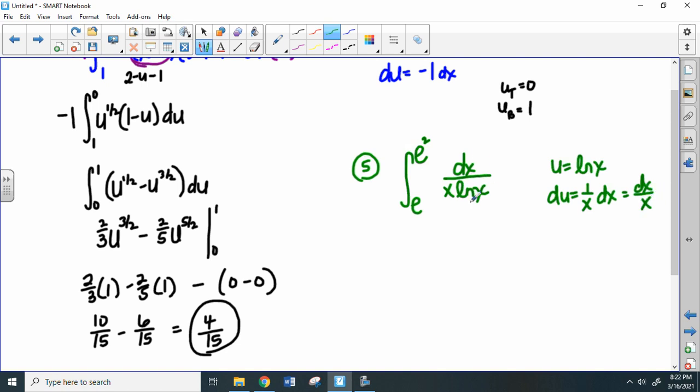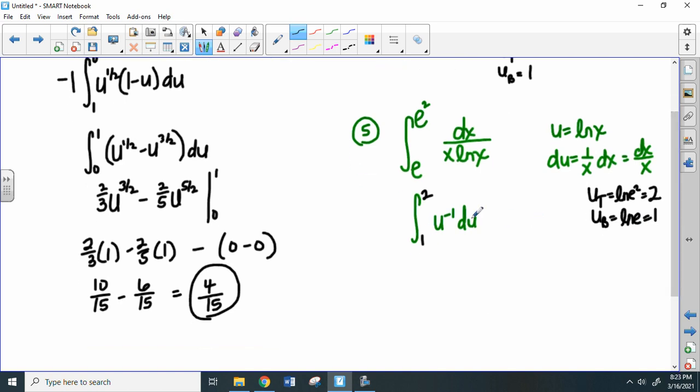Where is u? It's on the bottom. So if I bring it up, it becomes u to the negative 1. And du is everything else, but I do need to change my bounds. For the top, ln of e squared is something you should be able to simplify. And on the bottom, ln of e is also something you should be able to simplify.